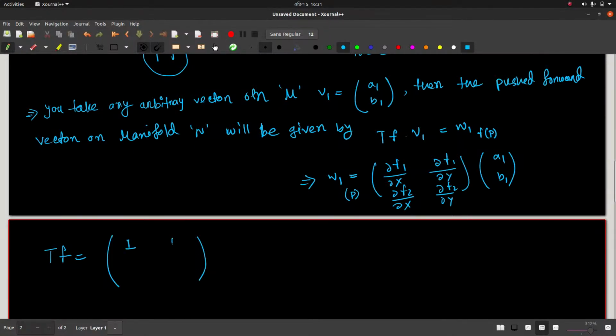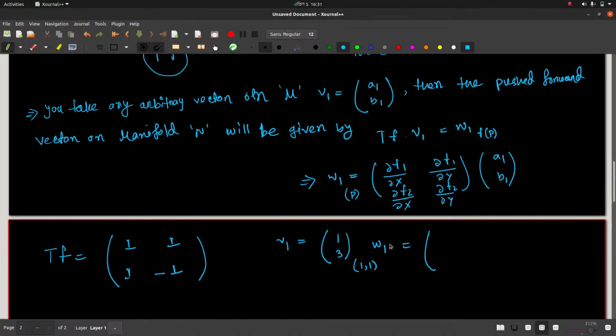This will also be 1, this will be a 1, and this will be a minus 1. And let's consider any vector. Let's say v1 is given by 1 3, like this. So w1 will be just, obviously you can take the base points to be 0 0, or you can take the base point to be whatever you want. Let's say this vector 1 3 is defined on a point 1 1, like this.